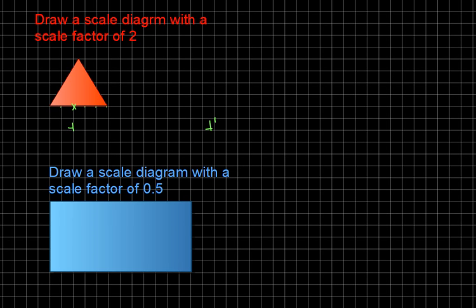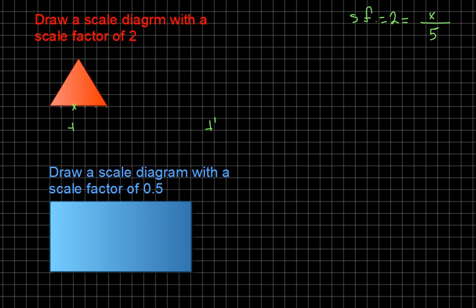The scale factor is 2, and that is the ratio that you have. The original, which always goes on the bottom, is going to be 5. If the original is 5, what is the scale diagram for this?